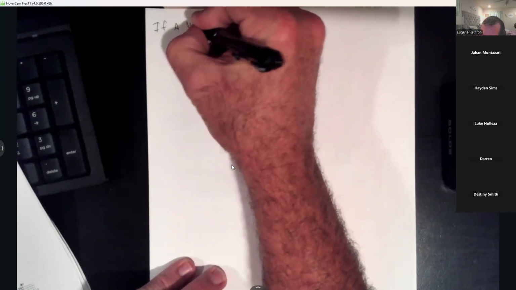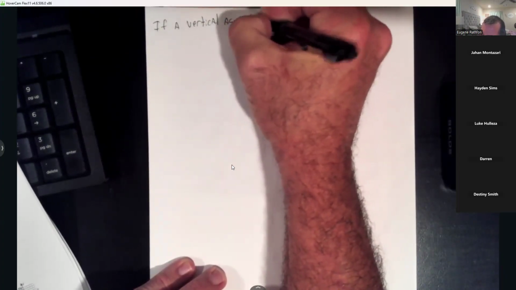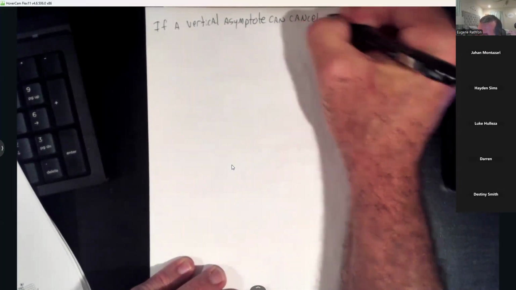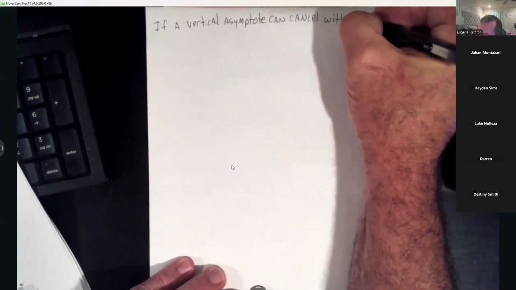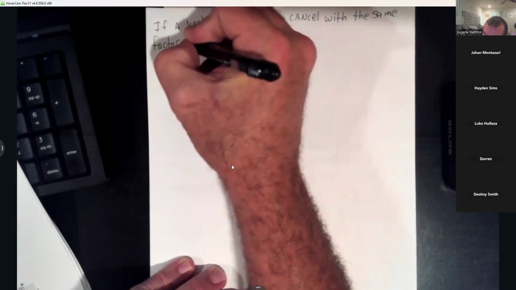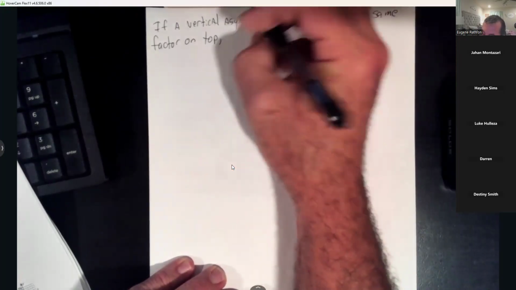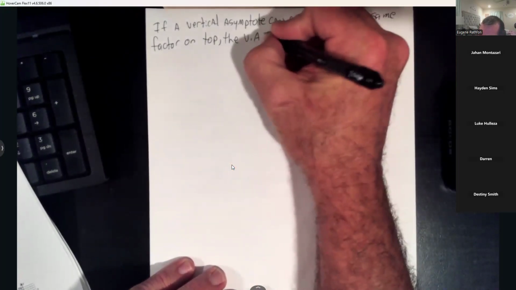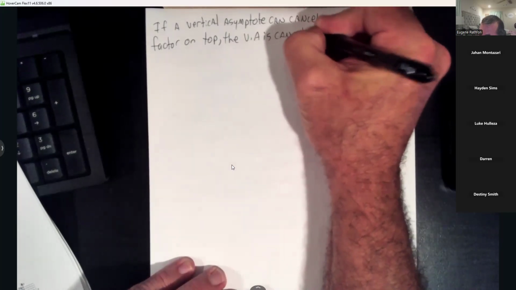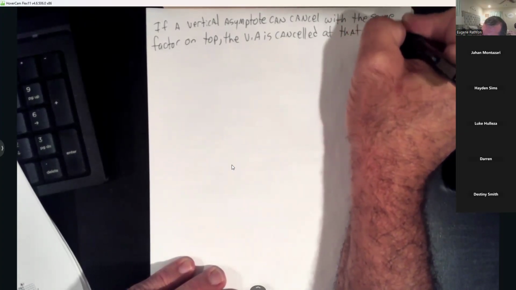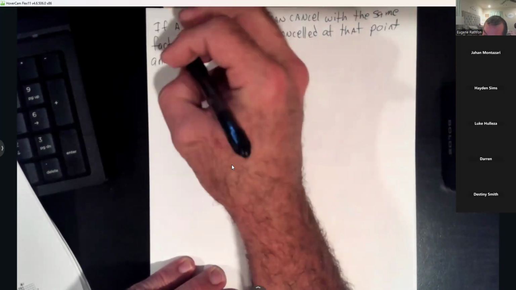If a vertical asymptote can cancel with the same factor on top, the vertical asymptote is canceled at that point, and it causes a hole in the graph.